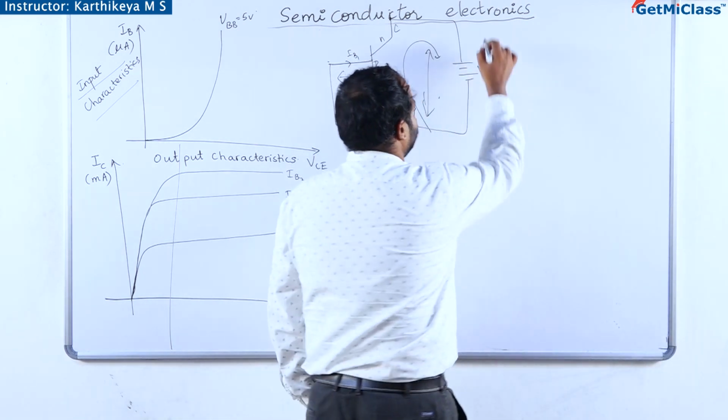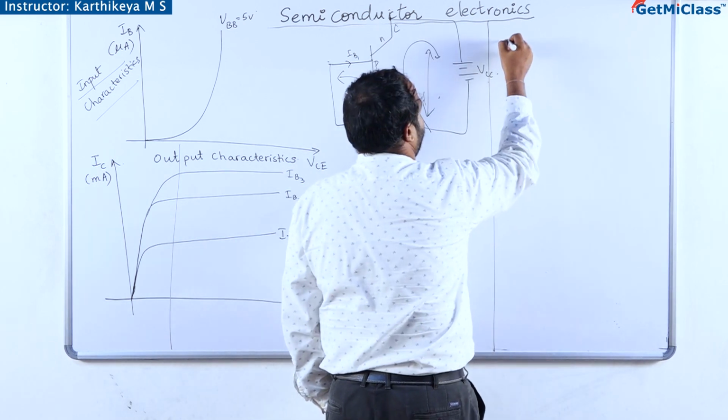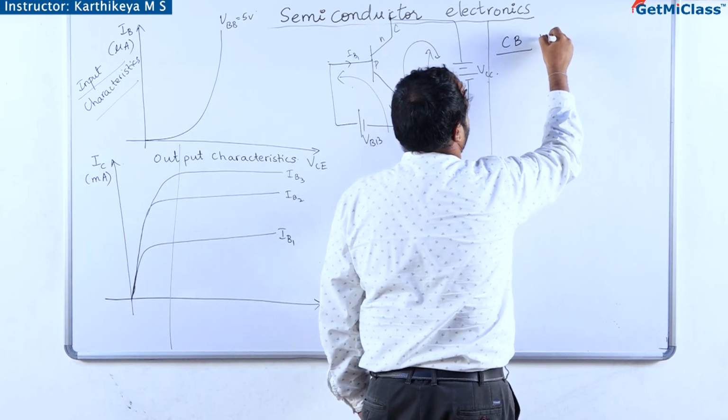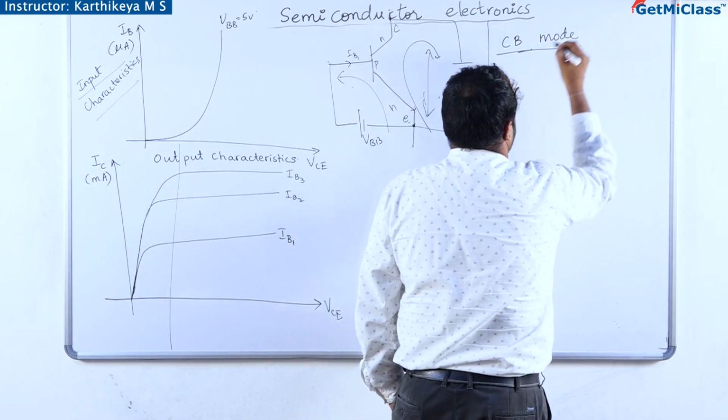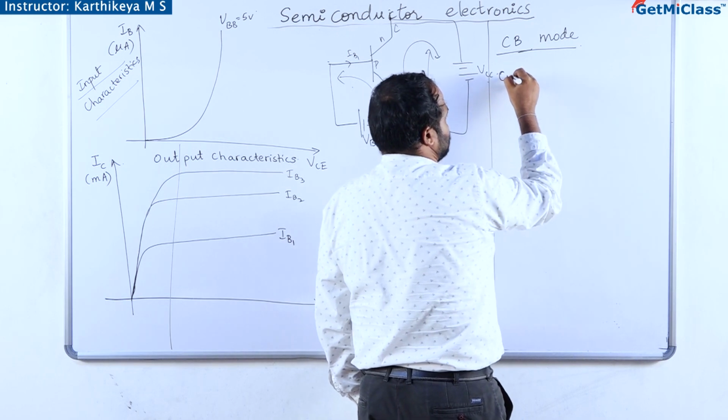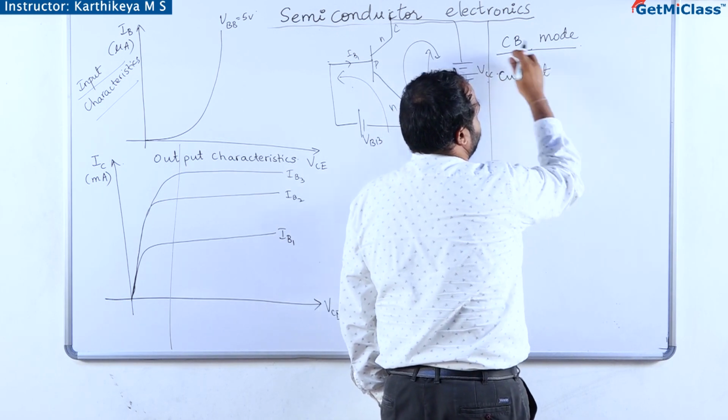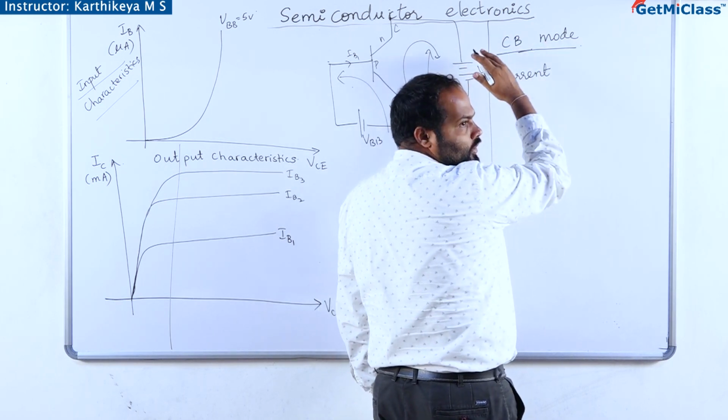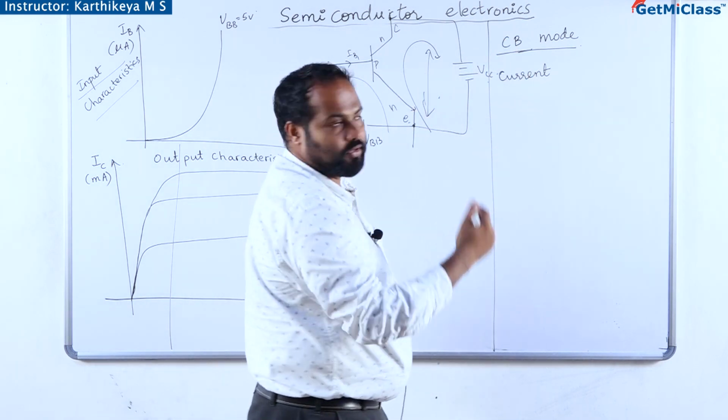Now, if we think of common base mode, the current amplification factor is alpha, where the base is common to both input and output.